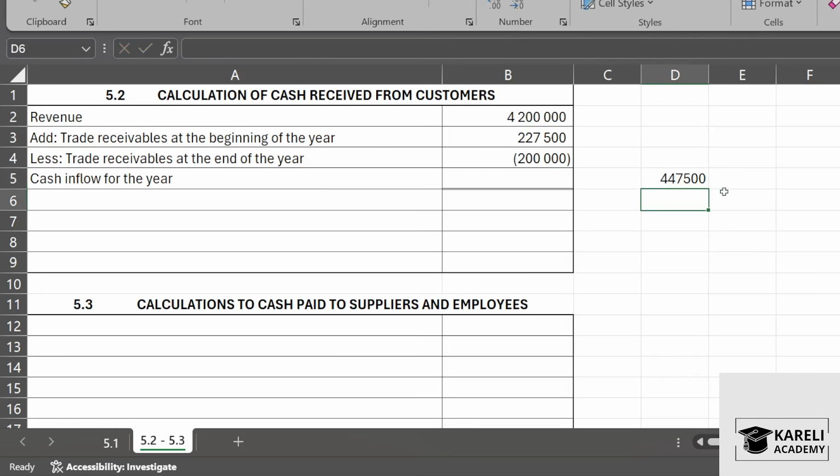And the answer that you will get will be 4,227,500. Check. We said 4 million. We are short of 1 0 here. There we go. Any question?